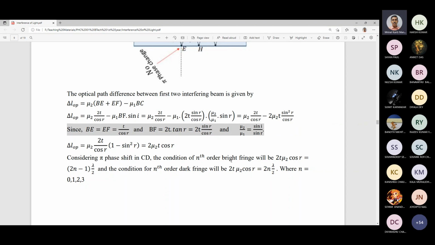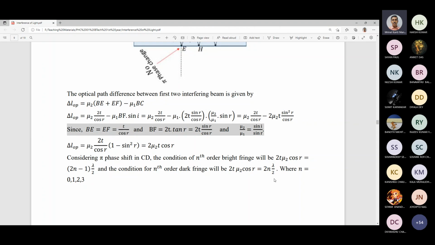Or simply you can see this is the condition of bright fringe, right? This quantity is an odd multiple of lambda by 2, and this is the even multiple of lambda by 2, which is the dark fringe. That you should consider.